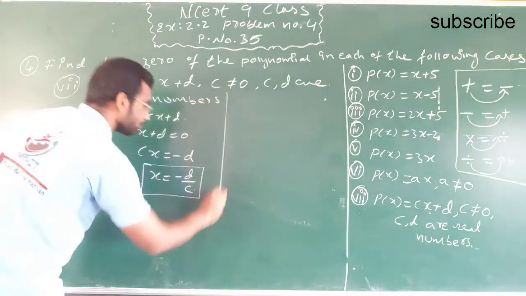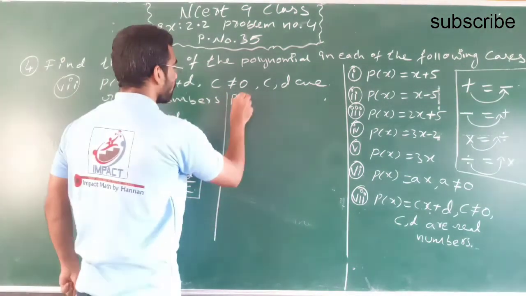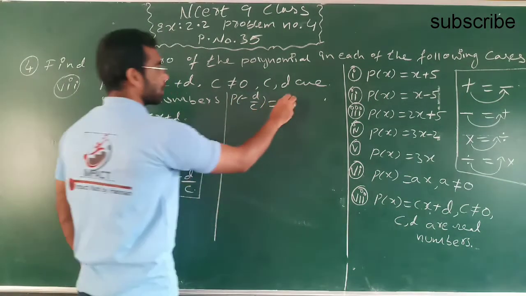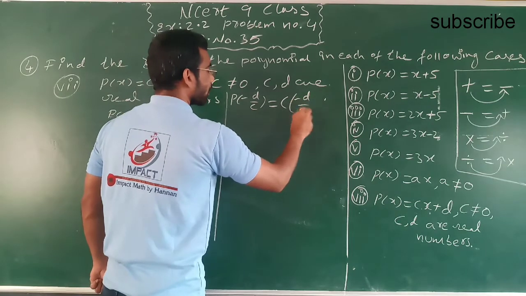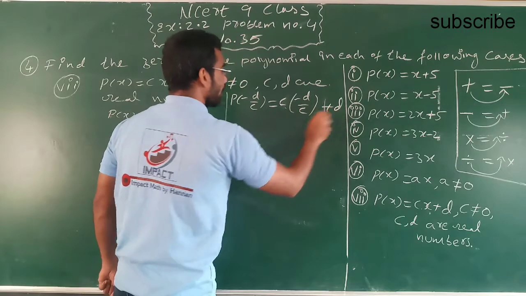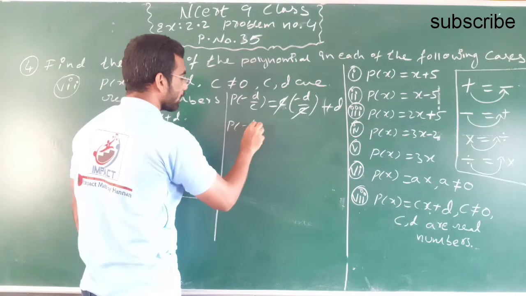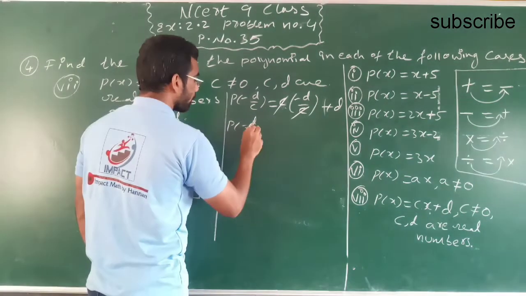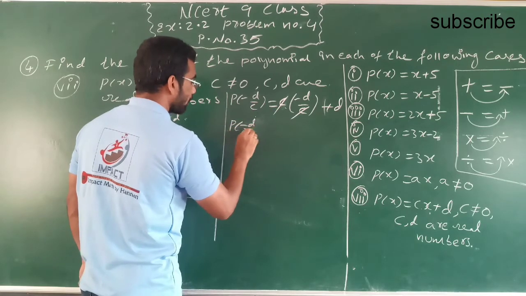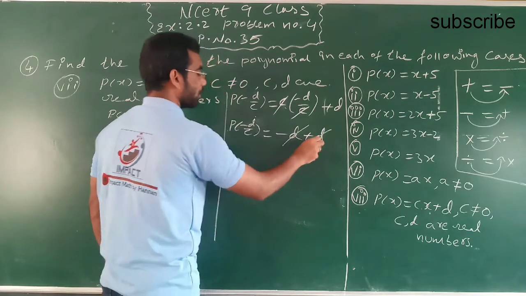Now we will put x is equal to minus D by C in the given polynomial. P of minus D by C equal to C into minus D by C plus D. The C in the denominator and numerator get cancelled, so P of minus D by C equals minus D plus D, and minus D plus D cancel.